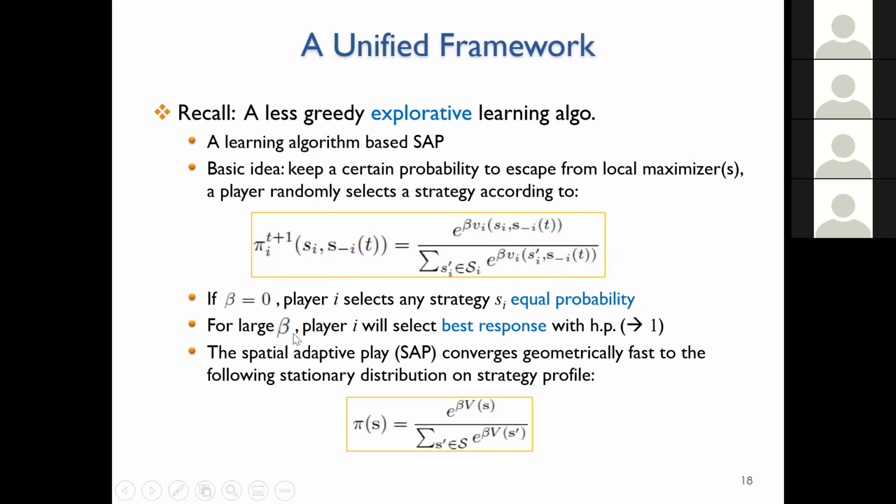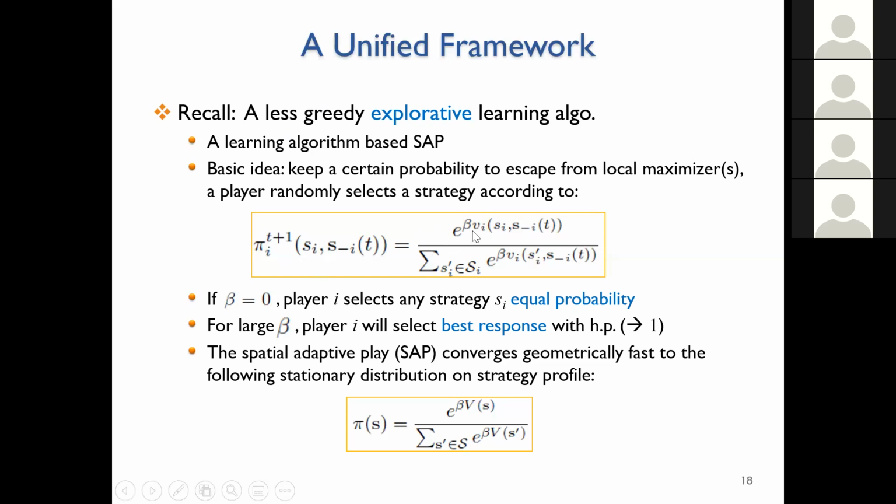For large beta, let's say 10,000 or infinity, then you will see the probability mass will go to the one which is most favorable to your local utility. So you see with probability 1, you will go to the best response result. And it's not necessary you choose 0 or infinity for beta.